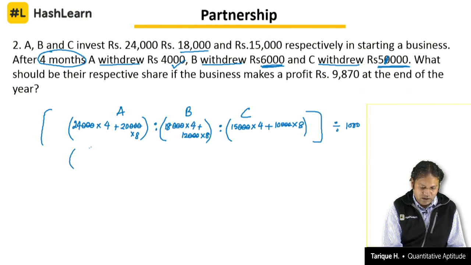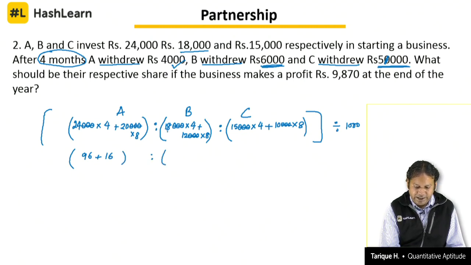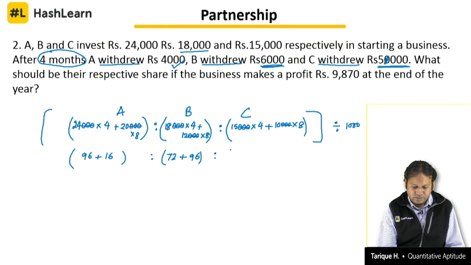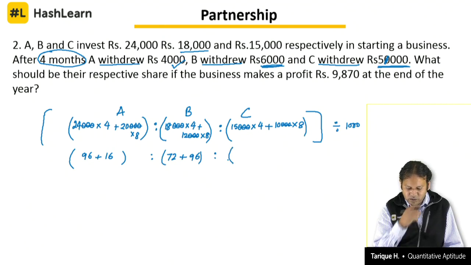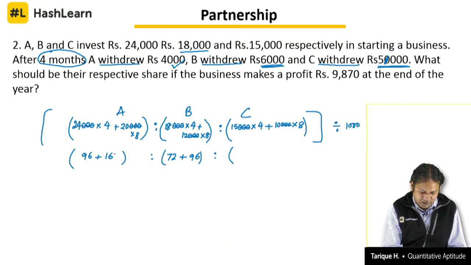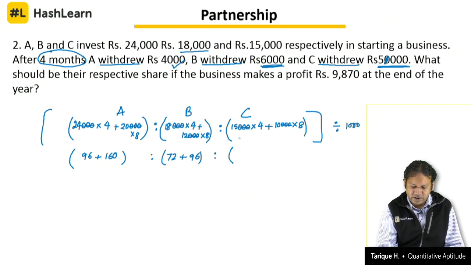So what we get now is 4 into 24, 96, plus 2 into 8, that is 16, this is for A, and B becomes 18 into 4, 72, plus 12 into 8, 96, that's for B, and for C it becomes 15 into 4, 60, plus 10 into 8, 80.